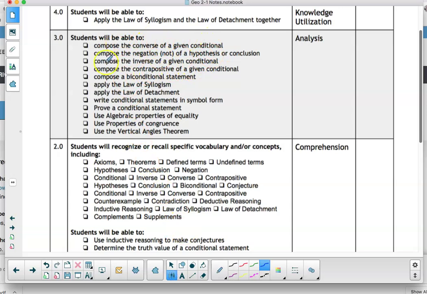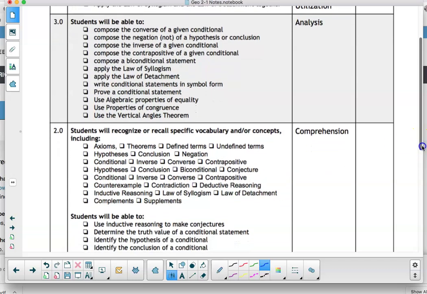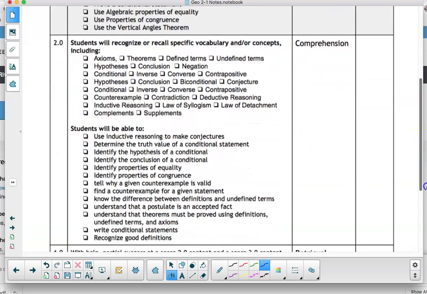I see converse, inverse, law of syllogism, properties of congruence, vertical angles, axioms, theorems, defined terms, undefined terms. Hypothesis, conclusion, negation. Do we have conjectures in here yet? There's conjecture. Do I have counterexample in here? Contrapositive, counterexample. I've got inductive reasoning.